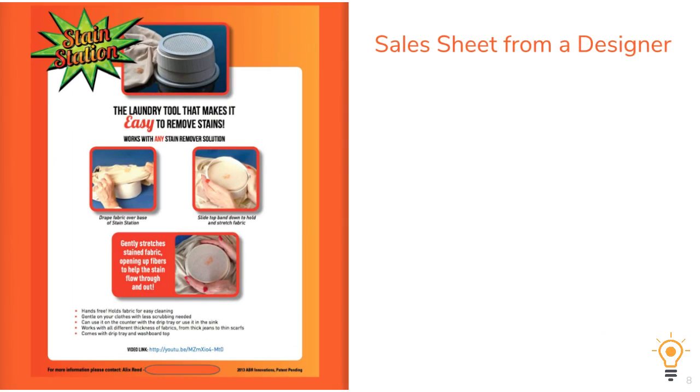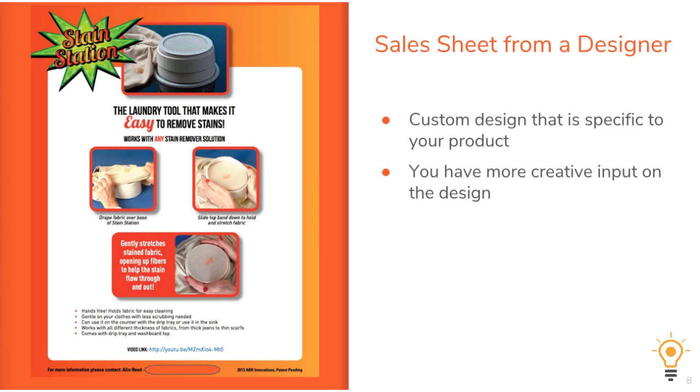Of course, your other option is working with a freelance designer, which I usually suggest, and I certainly do. And here's why. One of the most important is that you're really getting a custom design that is very specific to your product. You have more creative input on the design of that sheet, and they're very affordable, and it's pretty fast turnaround.